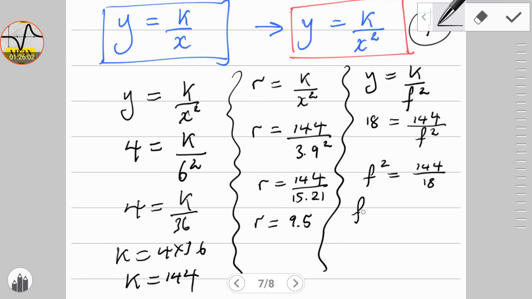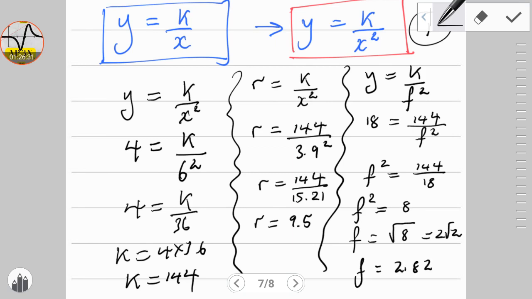So therefore we end up with f squared being equal to 144 divided by 18, which is equal to 8, and so f is equal to the square root of 8. This would actually be 2 root 2 if you want to leave your answer in surd form, or it would simply be 2.82. Let's double check on that. Shift square root of 8, that's 2.82. So f is equal to 2.82.